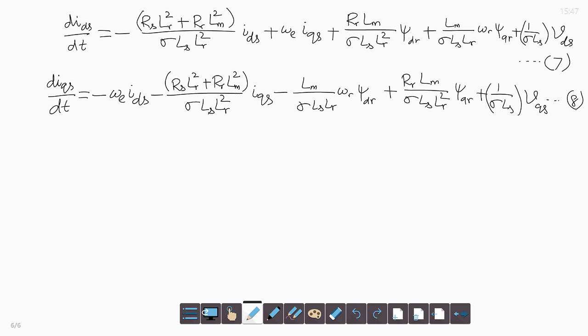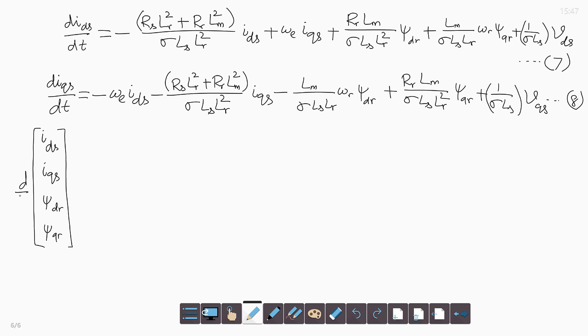So, with these equations 5, 6, 7, 8 and with these stator current components and rotor flux components as variables, we can get a state space model like this. Let us write ids, iqs, the d and q axis stator current components, and psi dr and psi qr, the d and q axis rotor flux components. This is the state vector.